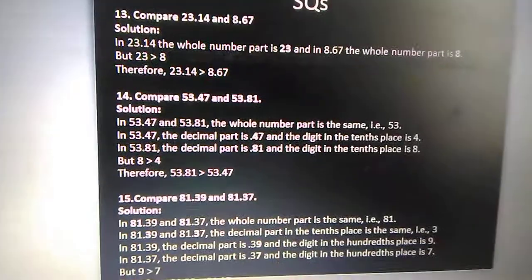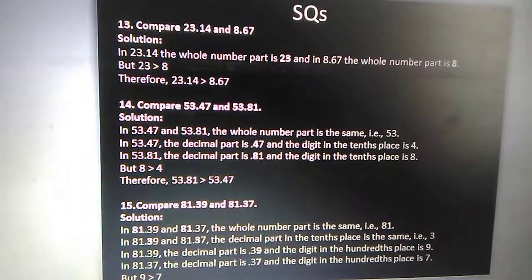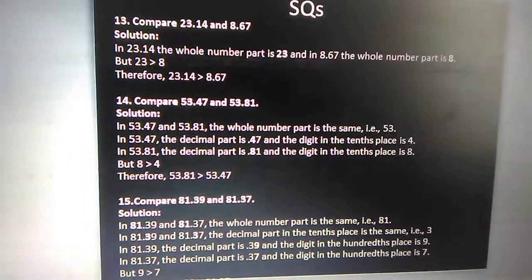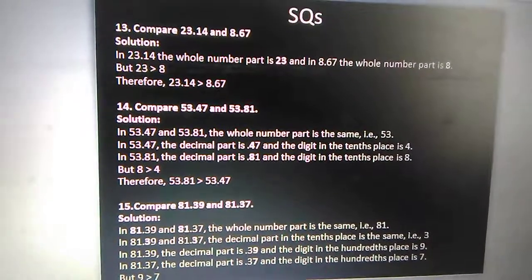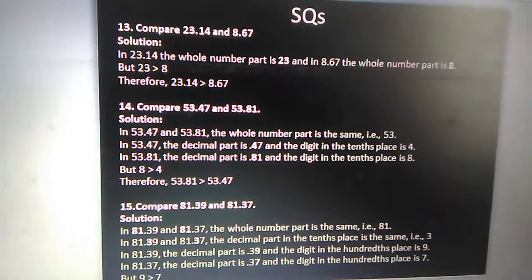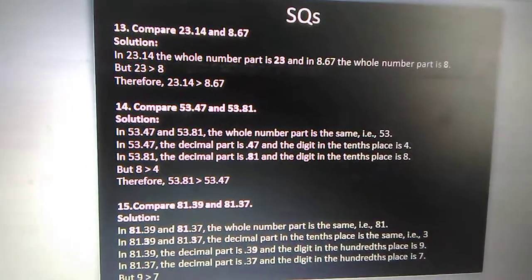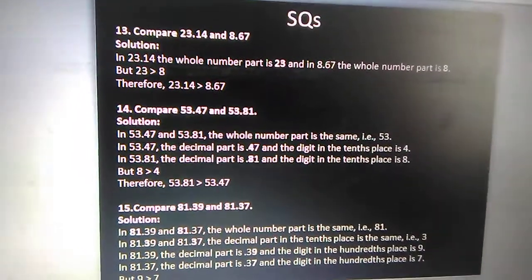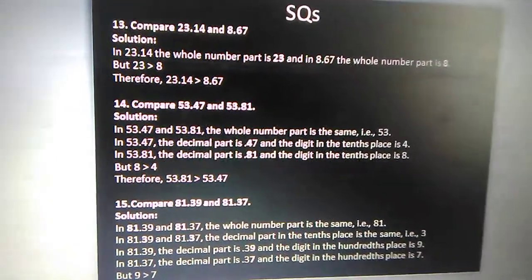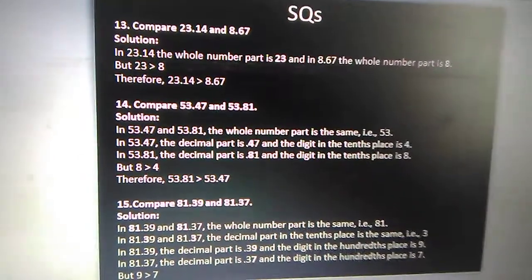Look here, compare 23.14 and 8.67. How can we compare? The whole part is 23 and the other whole part is 8.